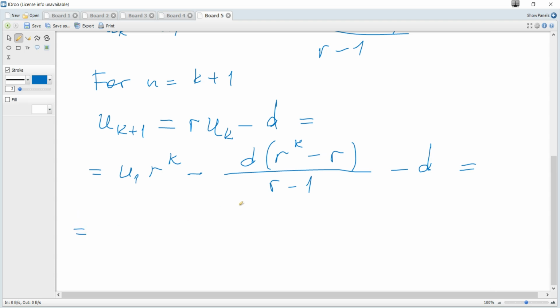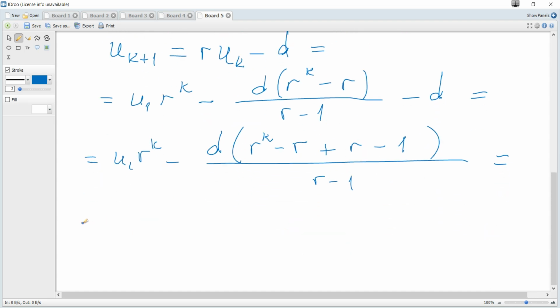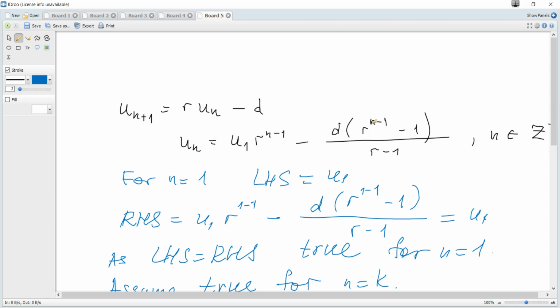And we can put this over a common denominator to get u1 r to the power of k minus, over r minus 1, and we factor out negative d and we get r to the power of k minus r plus r minus 1, and it becomes u1 r to the power of k minus d r to the power of k minus 1 over r minus 1, and you can see that it is equal to this for n is k plus 1.